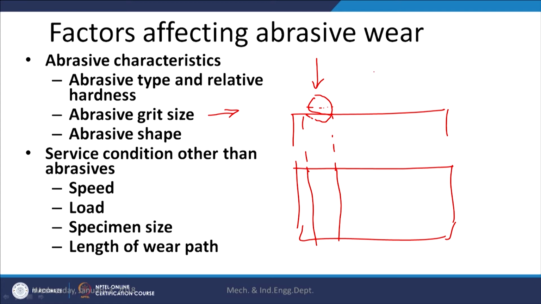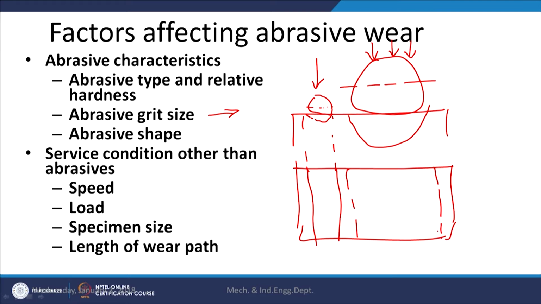On the other hand, if the abrasive is of larger size, then under service conditions when the load is transferred through such particles, it will cause a larger and much deeper indentation, and accordingly it will develop a much larger scratch.